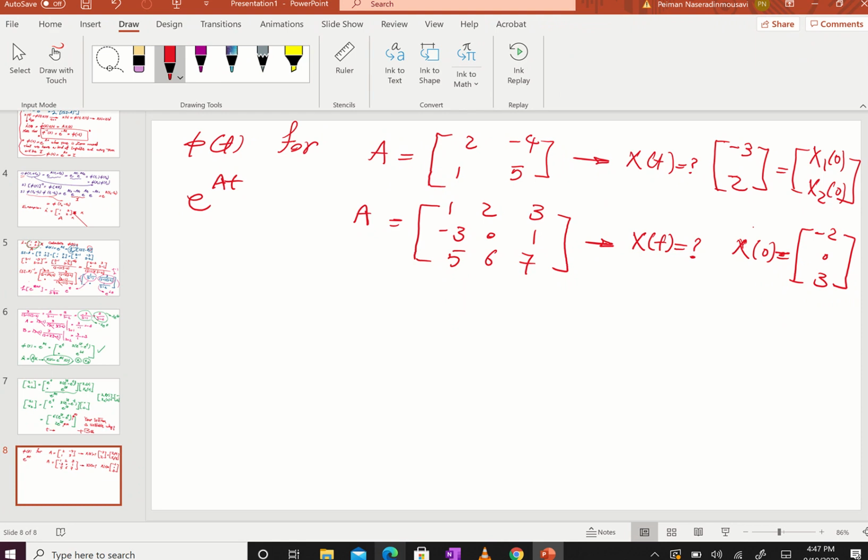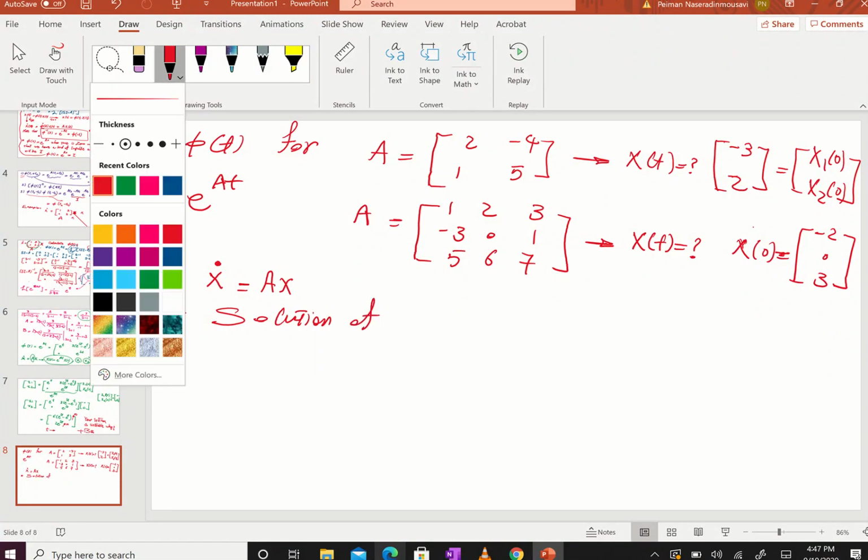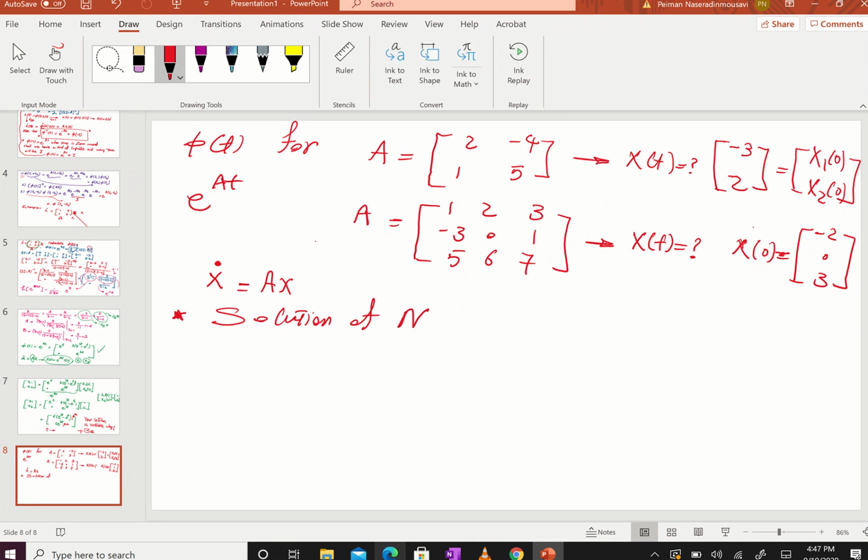So now, after dealing with the homogeneous LTI system, x dot is equal to Ax, we have to go to the real case when you are designing the solution of non-homogeneous state equations.